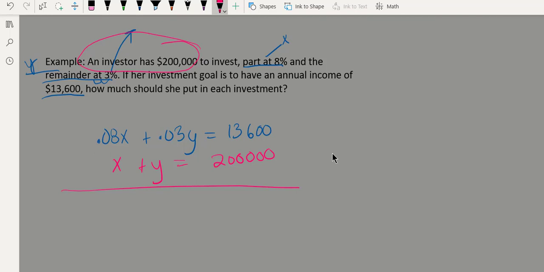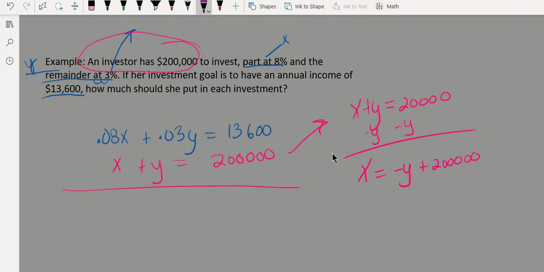So I am going to take this, x plus y equals 200,000, and solve for x. So that means I'm going to subtract the y from both sides, and x equals negative y plus 200,000.